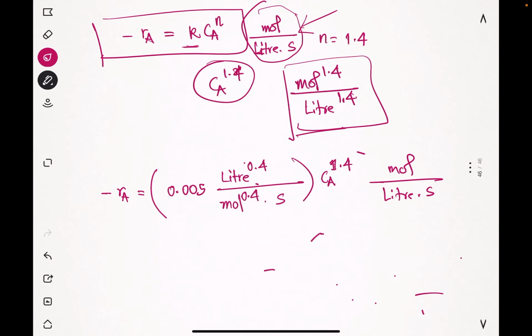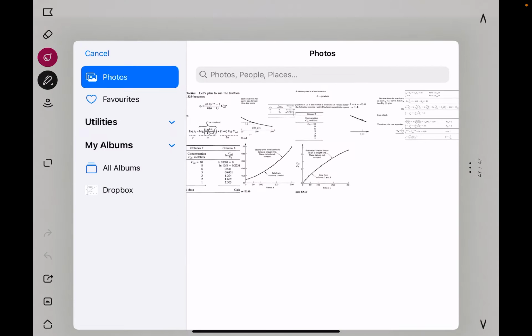So with that, we'll be concluding this short lecture, and in the next class we'll look into another example where we'll be using a different physical property to analyze kinetic data. Here we had an easy task.